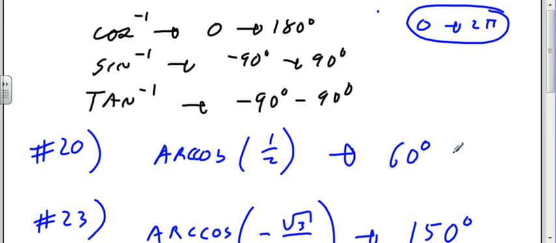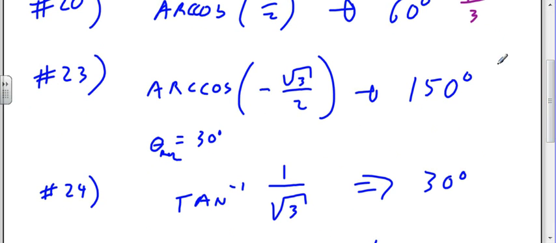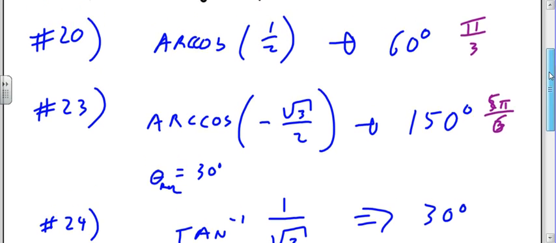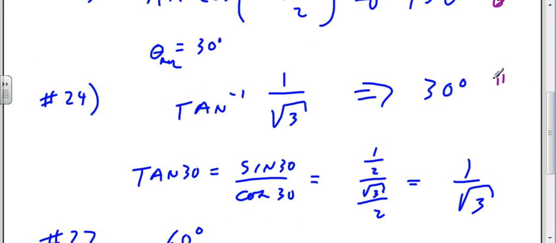So the real answer is pi over 3. And the real answer is 2 pi over 3. No? 5 pi over 6, says Ben. Yeah, 5 pi over 6. All right. And this would be pi over 6.